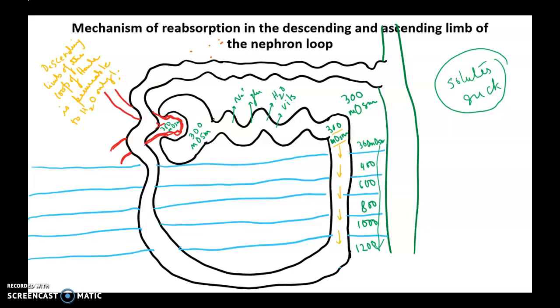It cannot transport any salt or any other solute because it doesn't have those transporters and those pumps. These are just super simple cells. Since these cells are permeable to water only, obviously, based on the concentration gradient in the medulla, water will leave.